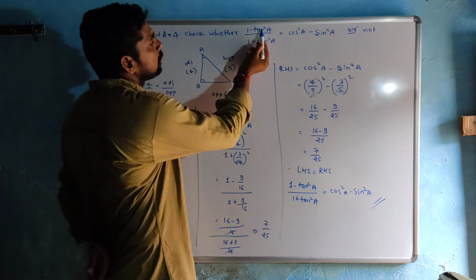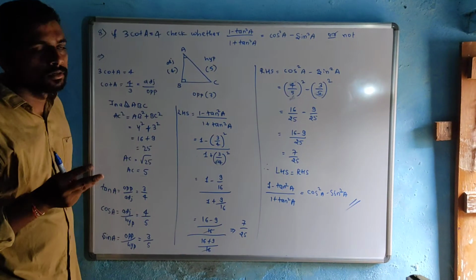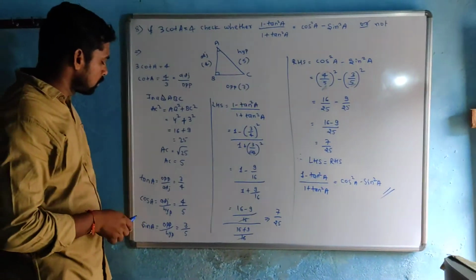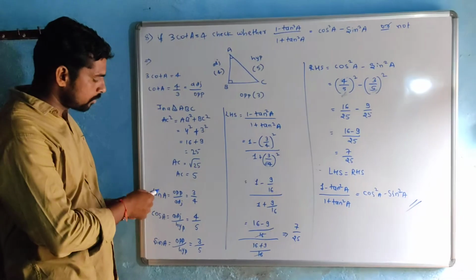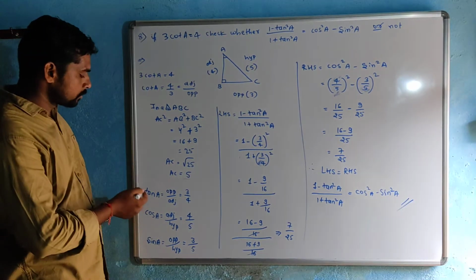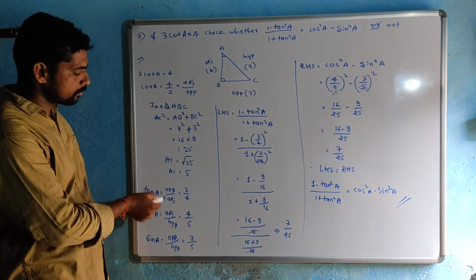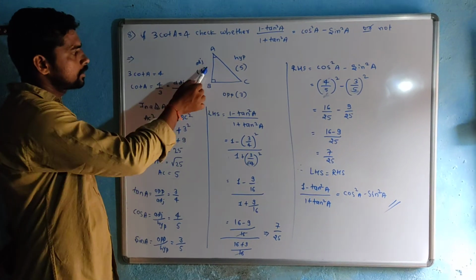See here, tan A, cos A and sin A. Three ratios are there. I take the value of the three ratios. First tan A. Tan A is opposite by adjacent. Already you know the ratio. Opposite side is 3, adjacent side is 4.